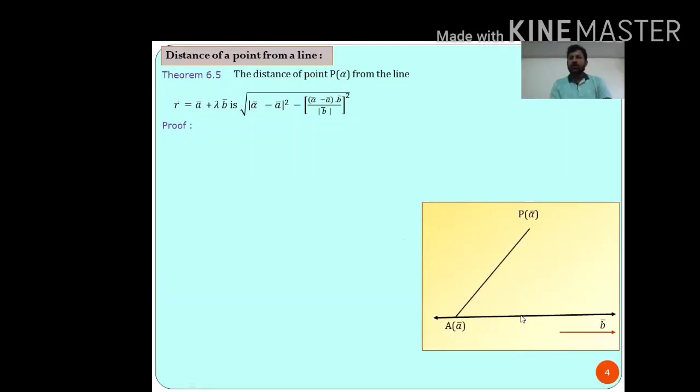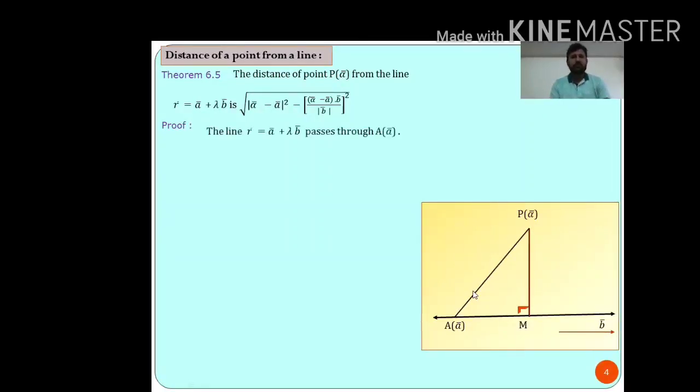To find the distance of point P from the line, that is the length of PM. To get this perpendicular distance, the projection is taken of vector AP bar along the line L, whose equation is R bar equals A bar plus lambda times B bar.